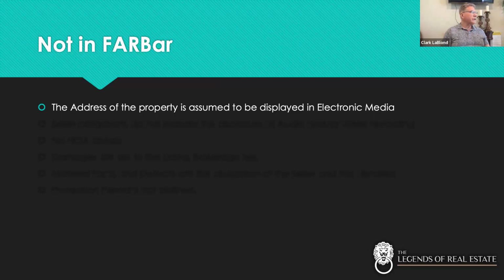And this is actually a good thing, because you've probably heard me say it multiple times. If the seller chooses not to display the address, that potentially eliminates certain websites from carrying their property. So in the FARBar, it is assumed that the address of the property will be displayed on all electronic media. Not a bad thing, just something to be aware of if they ask.